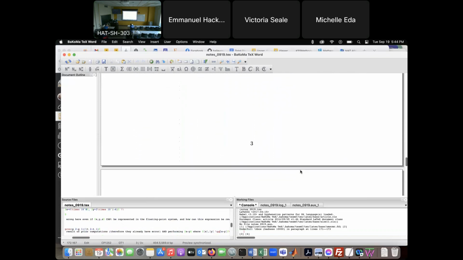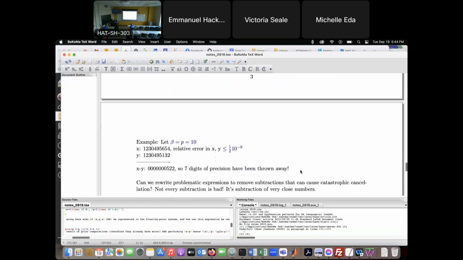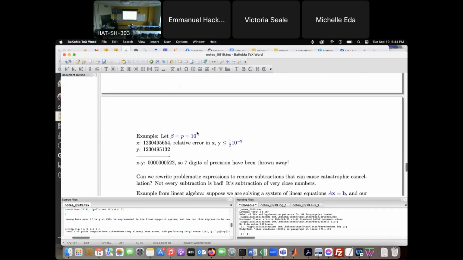Okay, so why is that? Here's an example. Here, the sample floating-point system has 10 digits of precision, base 10. And so here we have these numbers x and y that are very close to one another. We have 10 digits represented here. And in both numbers, the leading 7 digits of these two numbers agree with one another.